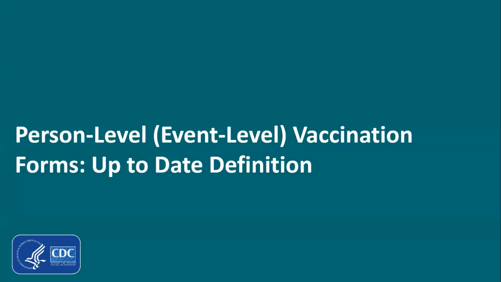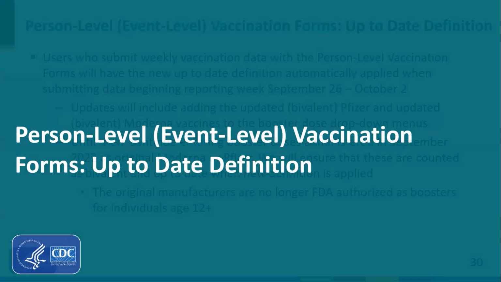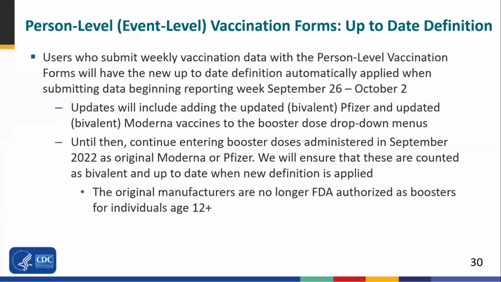We will now review updates to the person-level vaccination forms. For users who submit weekly COVID-19 data using the COVID-19 person-level vaccination forms, please note that the up-to-date definition will automatically be applied when submitting data beginning with the reporting week, September 26th through October 2nd.